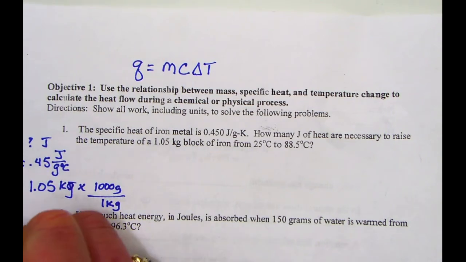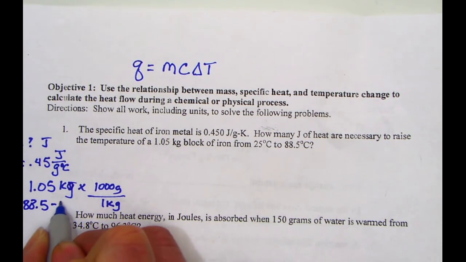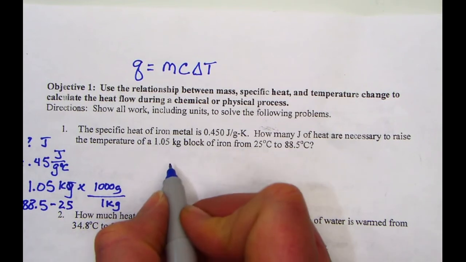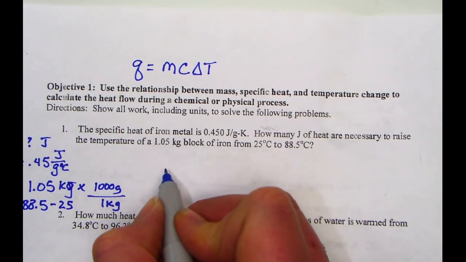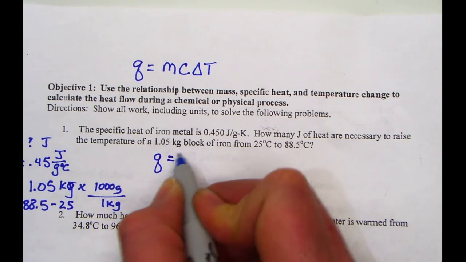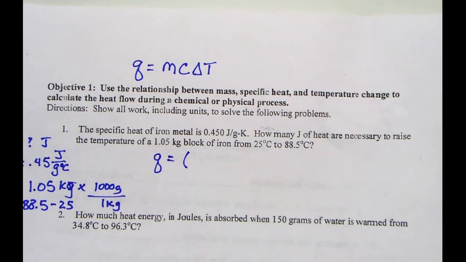The delta T can be found by simply taking T2, which is 88.5, minus the 25, T1. It's a plug and chug formula. Given the mass, the specific heat, and the delta T, we'll calculate Q. The mass, again converting, 1.05 times 1,000.